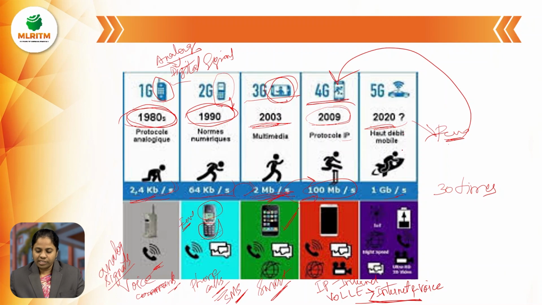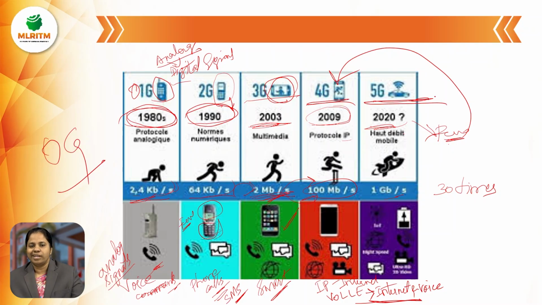Coming to fifth generation, wireless communication technology has drastically improved compared with first generation, or else from pre-mobile telephony, that is zeroth generation, to fifth generation. These are the improvements made in each and every generation in the wireless technology.